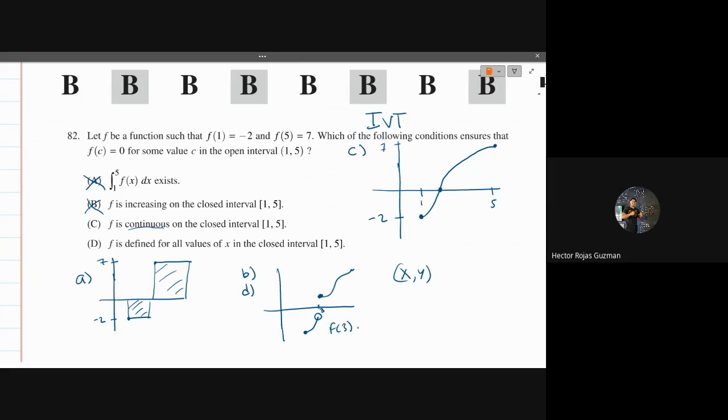F of 3 would be 1, if I pretend that this point over here is 1. So, no, right? You can still have a discontinuity even if all the values of f are defined. So there's your answer. We have to be continuous. You can't have a discontinuity.